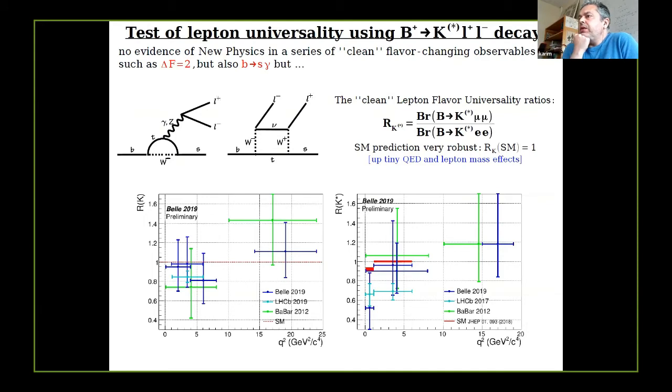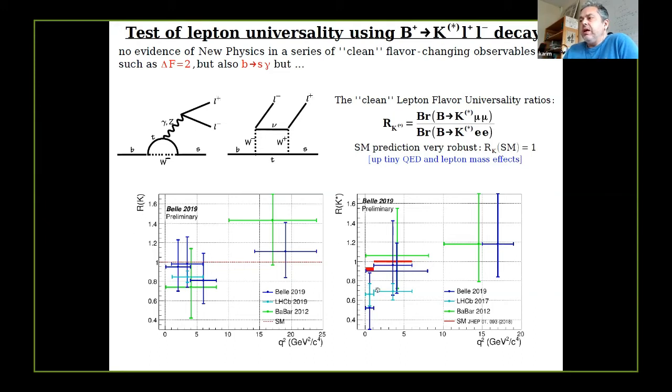Here, for the purpose of comparison, we push as much as we could with the Belle data sample. And you see, in light blue here, one of the most recent results of LHCb for RK and for RK star in blue here.